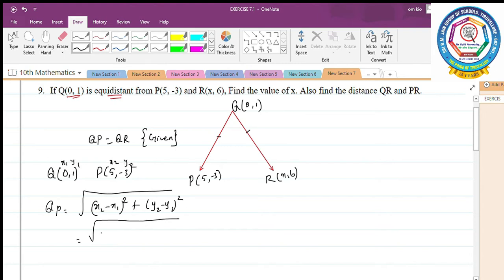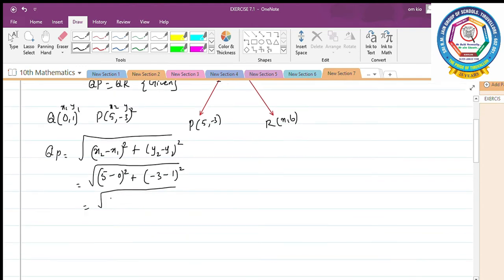So instead of x2 you substitute 5. 5 minus x1 which is 0, the whole square, plus y2 which is minus 3 minus y1 which is 1, the whole square. Then square root of 5 minus 0, 5. So 5 square plus minus 3 minus 1, that is minus 4.